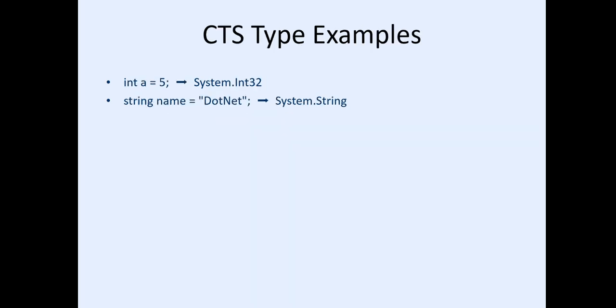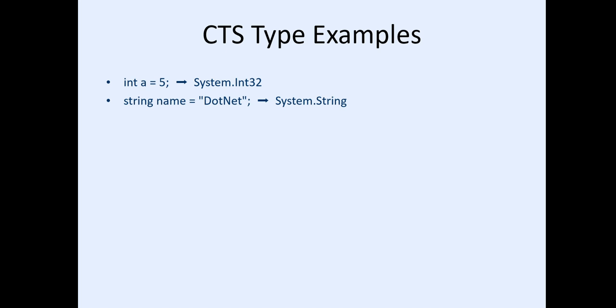Coming to the most common example of a CTS type: int a = 5. That declaration is stored in one memory location, and that memory location interacts with one data type.